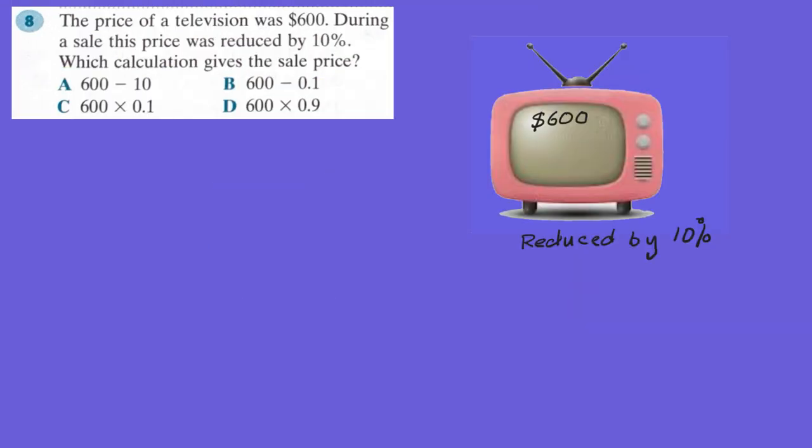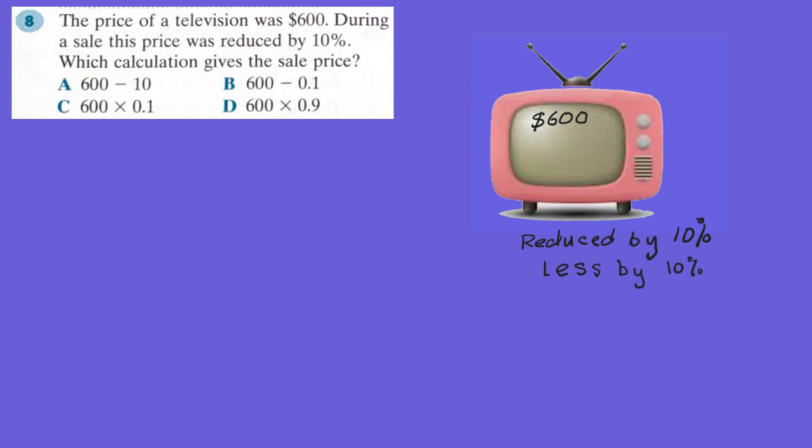The price of a television was $600 and you can see that I like decorating my maths with pictures. Now it also said that during a sale, this price was reduced by 10%. Another way of saying that is sometimes they say less by 10%.